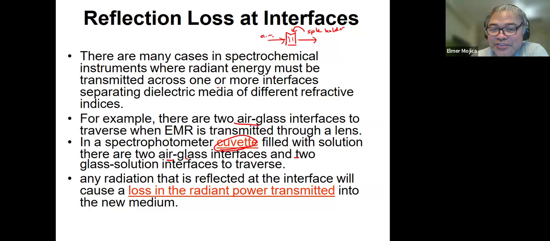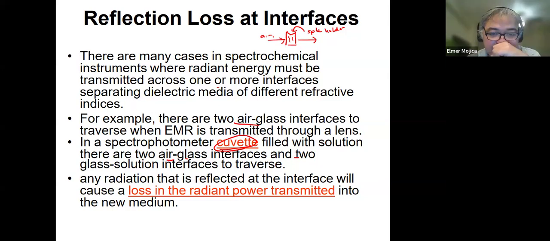So where is that? Okay, so air and then glass. Okay, and then you have what? Glass and then solution. And then glass and then solution, and then glass and then air, or solution and glass. Okay, so any radiation that is reflected on the interface will cause a loss in the radiant power transmitted into the new medium.